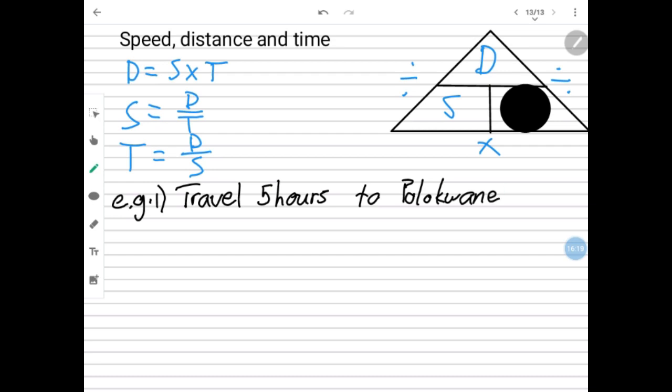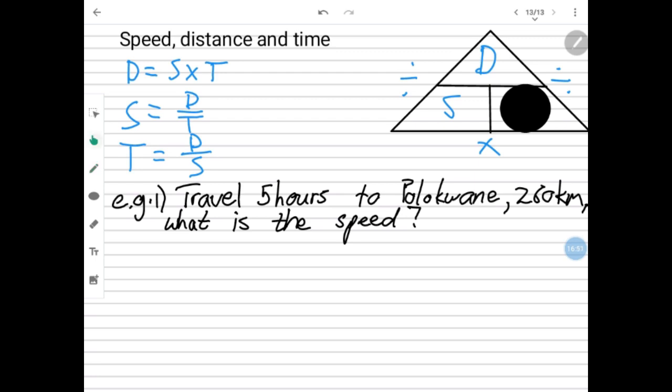Polokwane is about 260 kilometers from here, from Pretoria. What is his speed? Okay, so we're looking for speed. That's the question. So it takes him 5 hours, it's 260 kilometers away, and we're asking for speed.